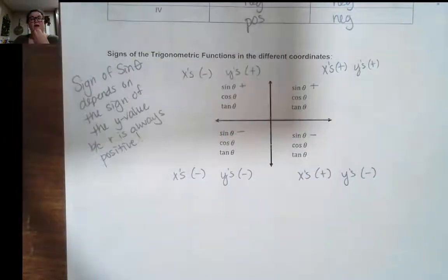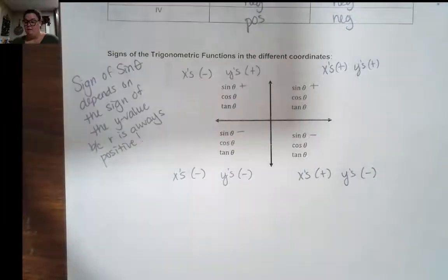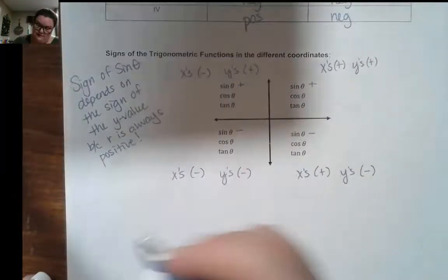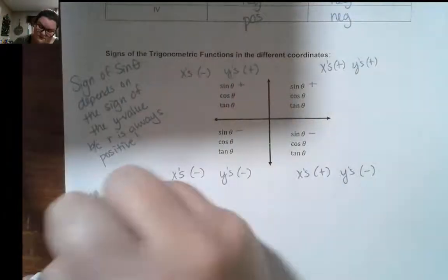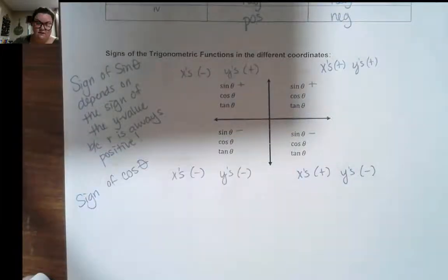Because the way that we calculate sine is y over r, and since r is always positive, the y value is what gives us whether it ends up being positive or negative.